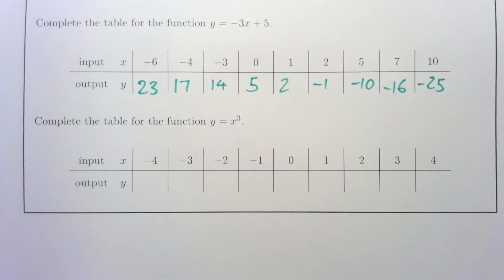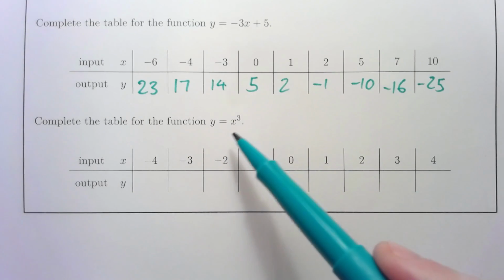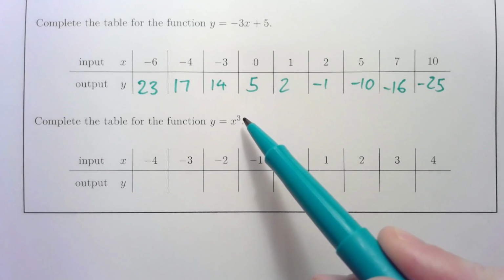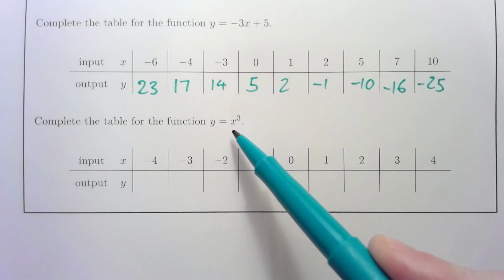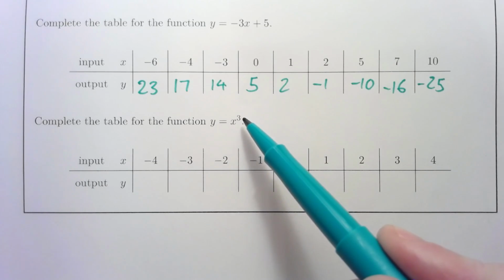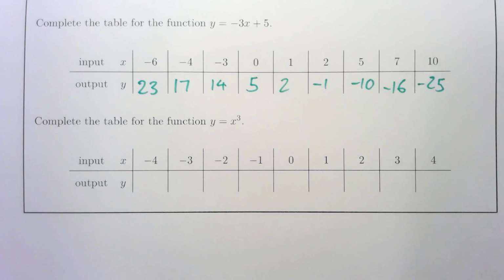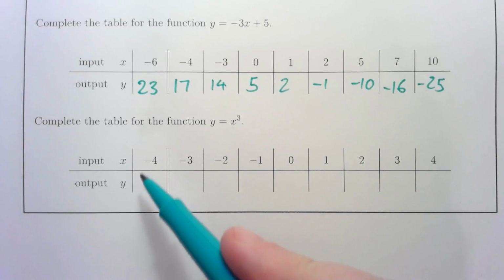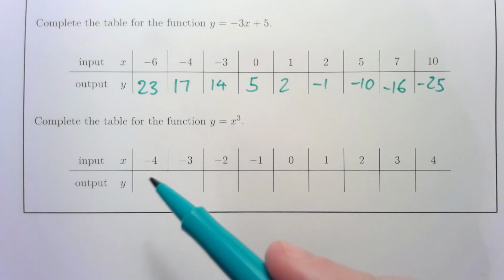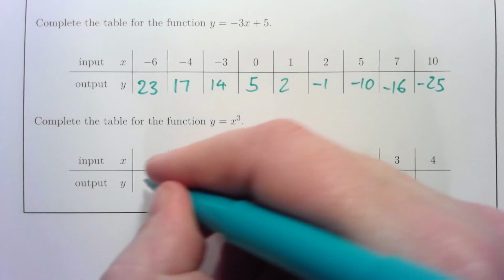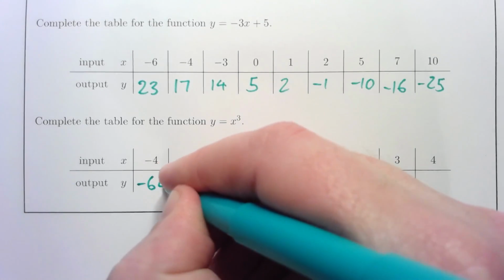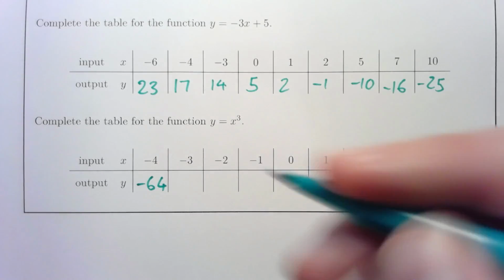Okay, for our last function, we have y equals x to the power of 3. That means we take our input and we have it to the power of 3. Now don't forget, what that really means is you multiply it by itself 3 times. So for our first input, that is negative 4 times negative 4 times negative 4, which works out to be negative 64.